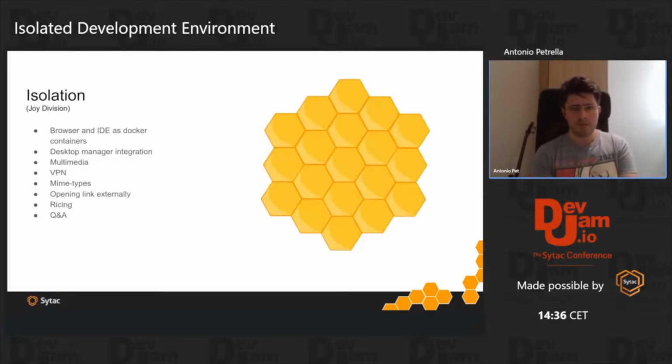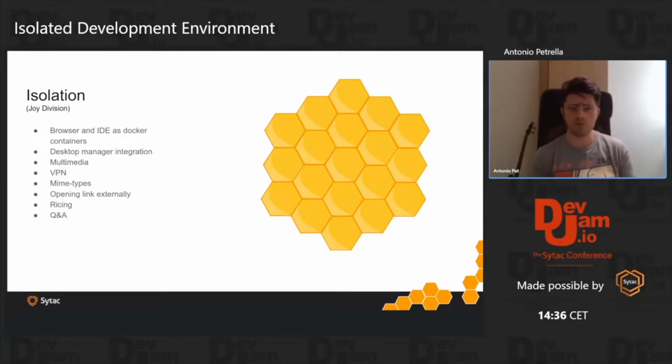In more detail, we're going to talk about isolation. I will show you how to set up some very simple containers that contain an IDE and a browser. I'm going to show you how you can integrate those containers with the desktop manager in order to make the experience seamless, so that you don't think you're using something different from a normal application.